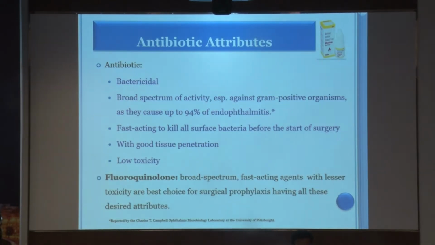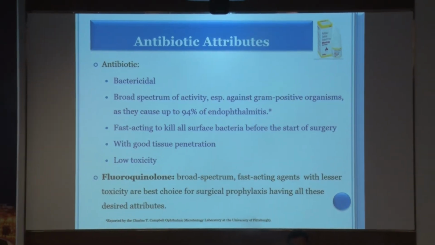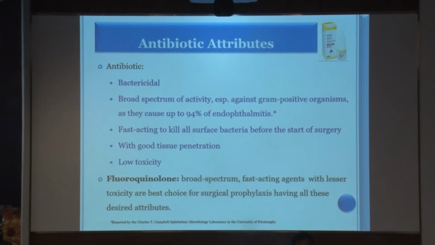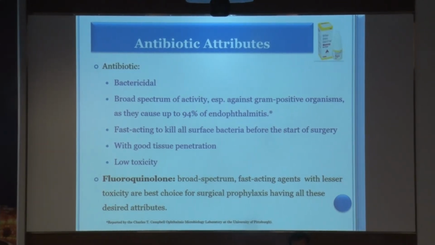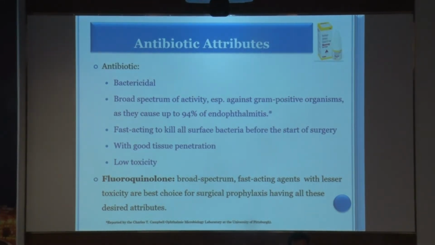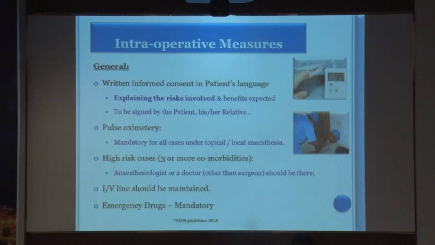Apart from antibiotics, I'll be discussing other things as well. Which antibiotic to use? One should use a broad spectrum, bactericidal antibiotic. One should never use a bacteriostatic antibiotic, because that will cause further problems like resistance. Fluoroquinolones are very often used for this.